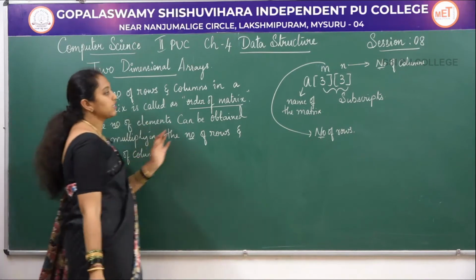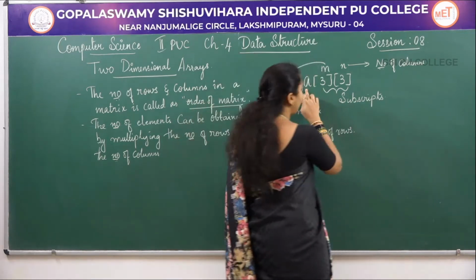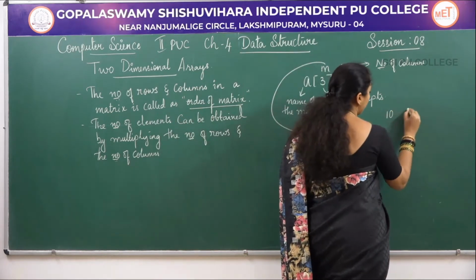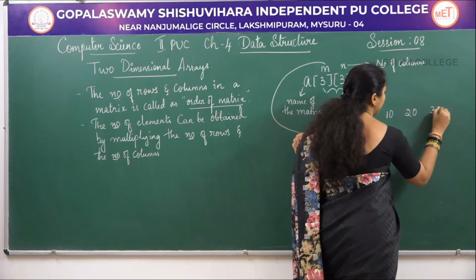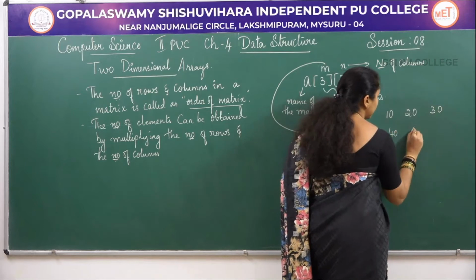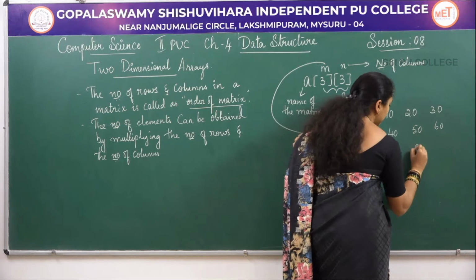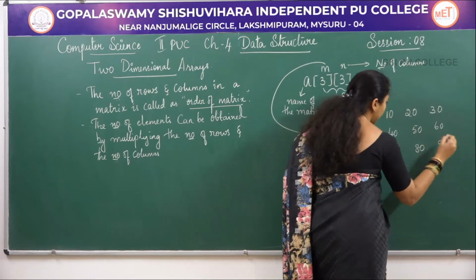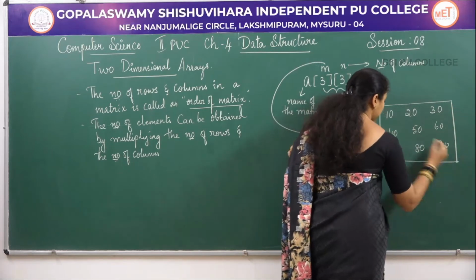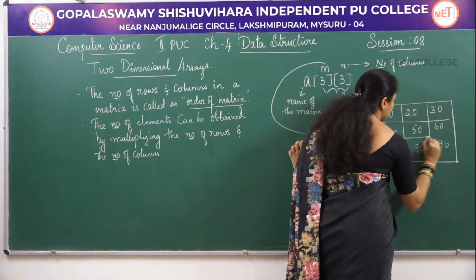For example, consider these array elements. In an A of 3 cross 3 matrix, I am going to store the elements 10, 20, 30, 40, 50, 60, 70, 80 and 90. So these are the array elements.